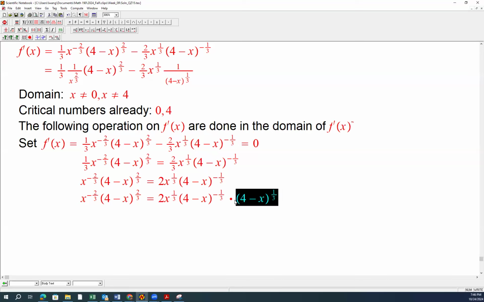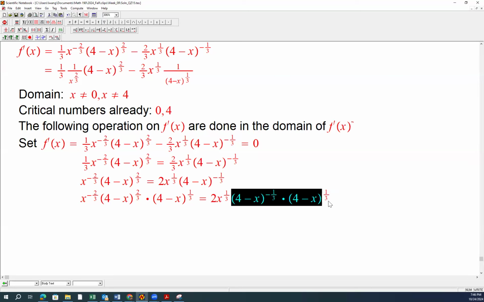I'm going to multiply this piece on both sides. Can I do that? Yes, if this piece is not 0, and we have guaranteed this is not going to be 0, because x cannot be 4. All right, so we need to be constantly thinking, what is the implication of it? So we multiply these two, and what do we get?